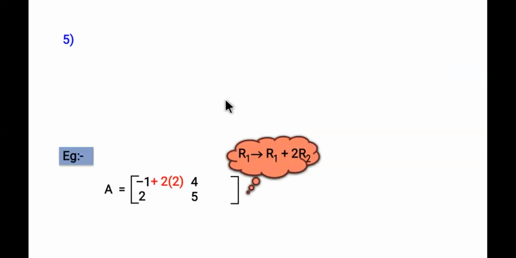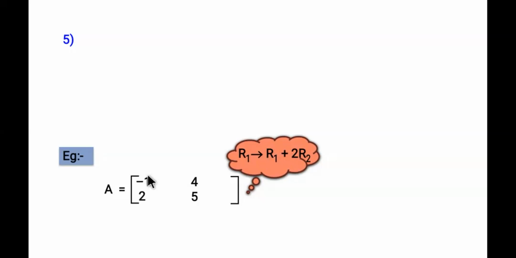I have a matrix over here and the operation says R1 changes to R1 plus 2 times R2. Now what I have done, I need to change my first row, but I've taken the help of the second row as well. So let's do this operation. What is the R1 element? R1 element is minus 1 over here.